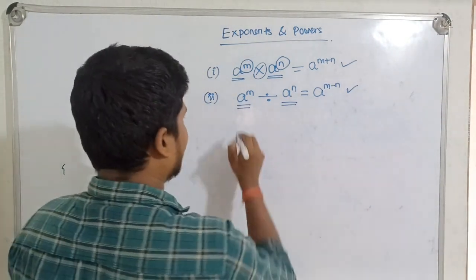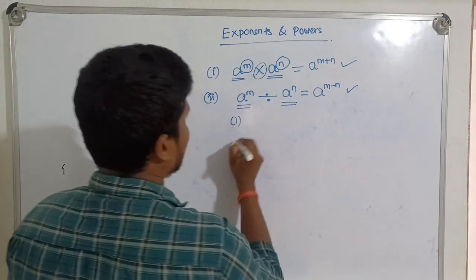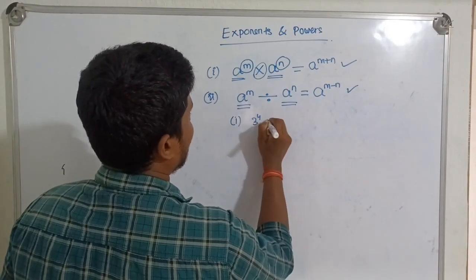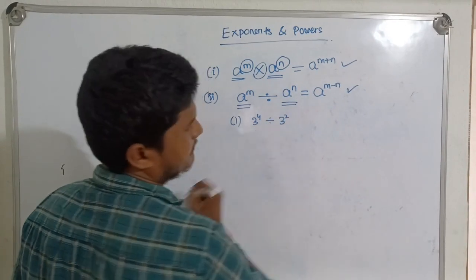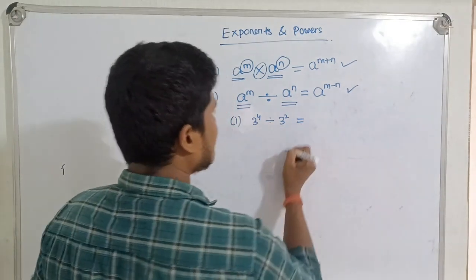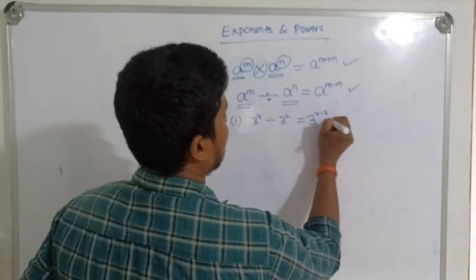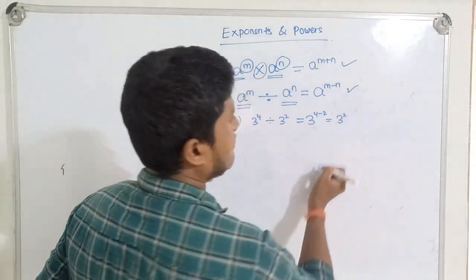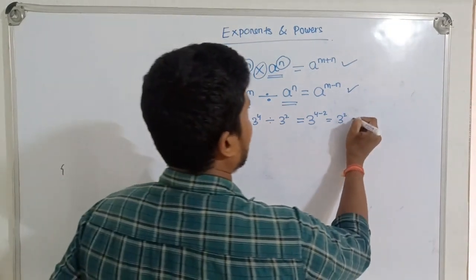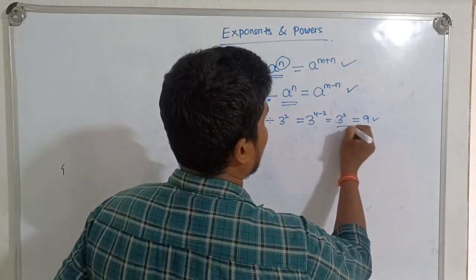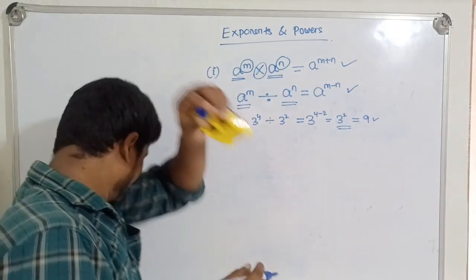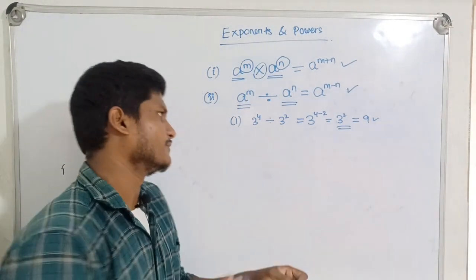Let's take one or two examples. I write 3 to the power 4 divided by 3 to the power 2. So 3 to the power 4 minus 2, that means 3 to the power 2. You can also write what is 3 squared, 9, or you can keep it as 3 to the power 2.